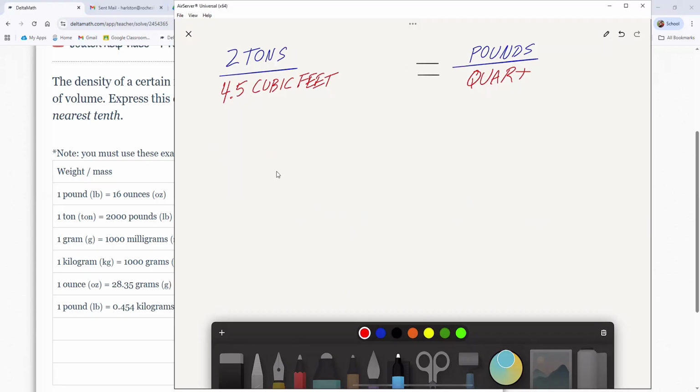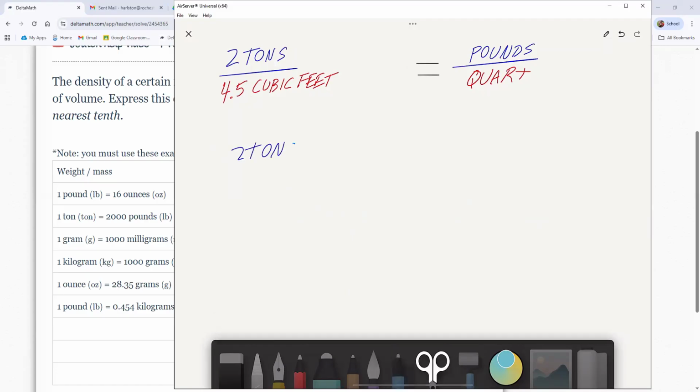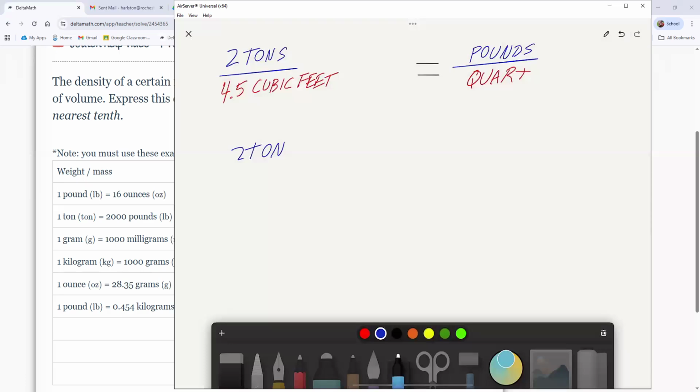Let's start with the top: 2 tons is equal to how many pounds? And then I'm going to do another conversion where I take 4.5 cubic feet and convert that to the number of quarts. So I'm doing 2 conversions.